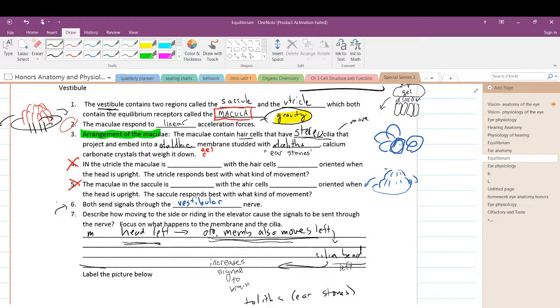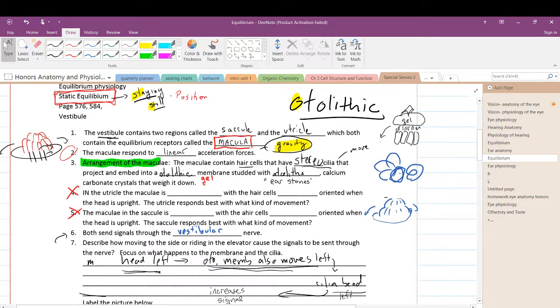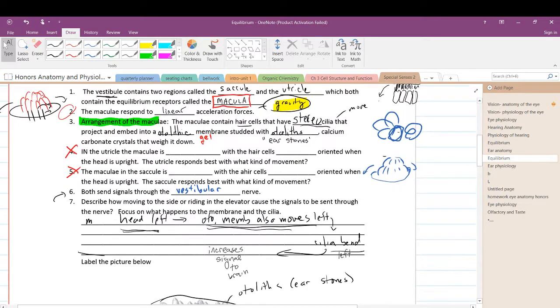Just like the plate of jello, you tilt the plate to the left, the jello moves to the left. And so the gel also moves to the left. Then the cilia bend to the left because remember, the cilia are embedded in that gel. So the cilia bend to the left, and then that signals to the brain, and you are going to then perceive it.